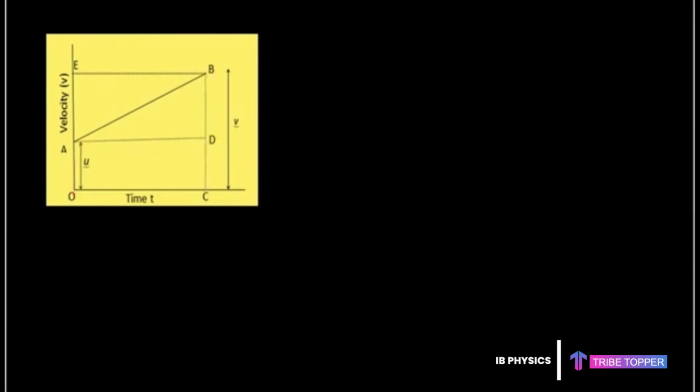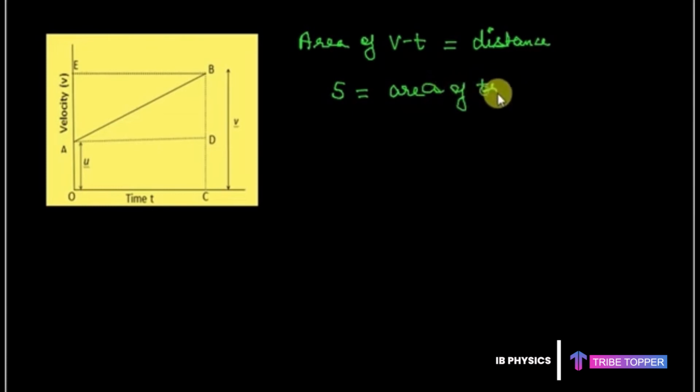Now from the same graph, if we find the area of the VT curve, we know that the area of the VT curve gives us the distance traveled, or displacement, represented as s. Therefore, s is equal to the area of the trapezium OABC, and the formula for area of a trapezium is half into the sum of parallel sides, that is OA and BC, into the distance between them, this AD.